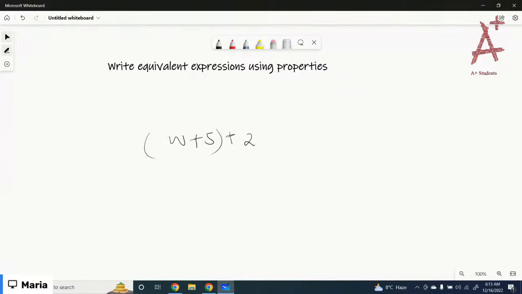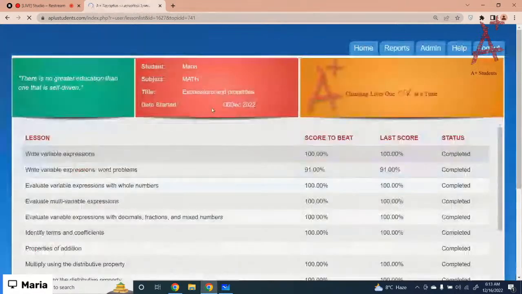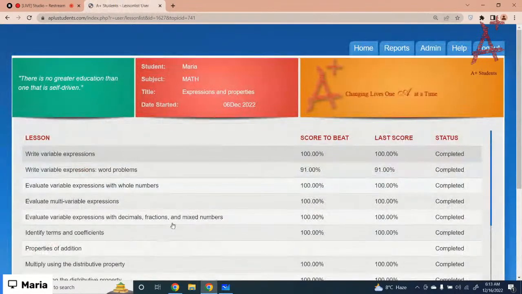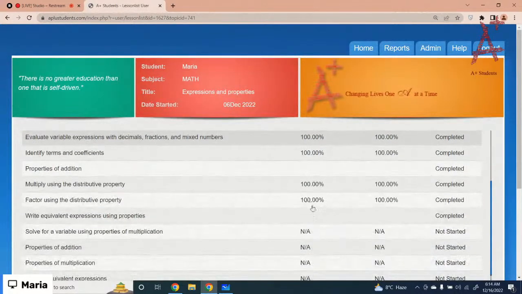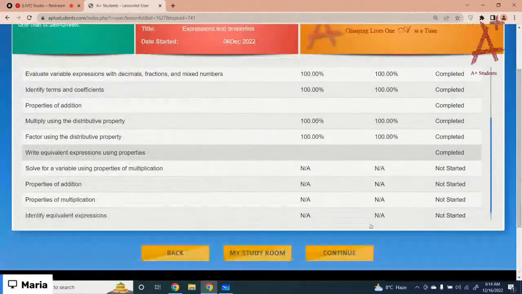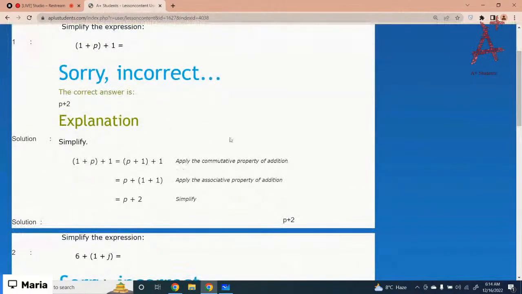I forgot the property's name. Let me just read the property's name we have to apply. Sorry. Here is the topic, equivalent expressions using properties. Okay, yes, we have to apply the commutative property.